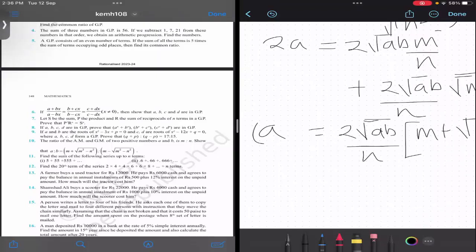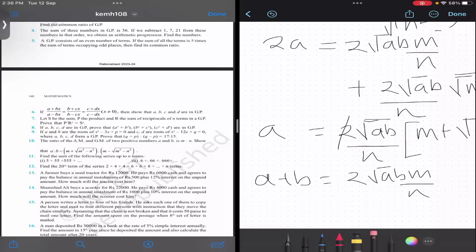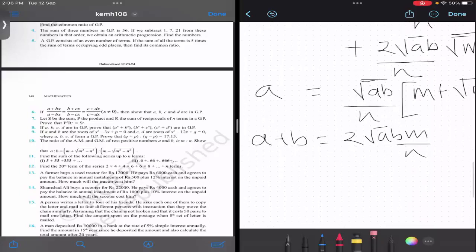Similarly, when you plug in this value in the equation A plus B, so let me just do that. We have been told that A plus B is equal to 2 root AB M upon N. Here the 2 gets cancelled because it was available earlier.